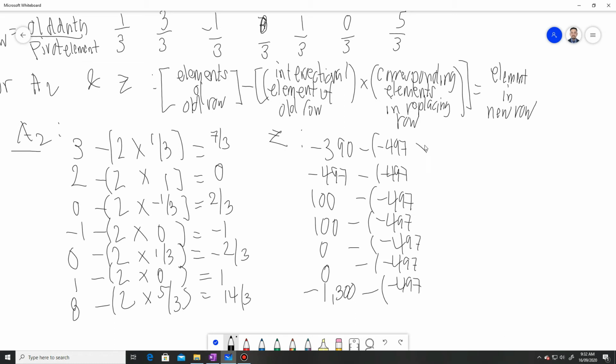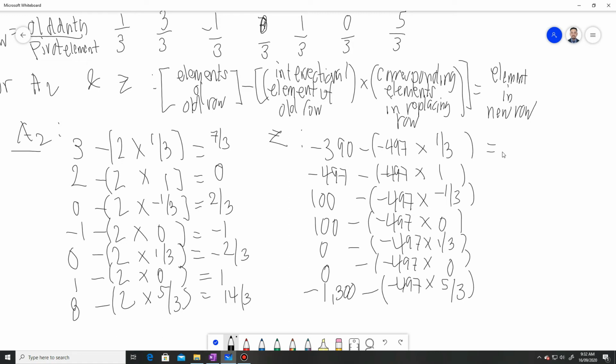Then multiplied by the corresponding elements in the replacing row, which is the same as this one. That is 1/3, 1, negative 1/3, 0, 1/3, 0, and 5/3. We perform now the operations.